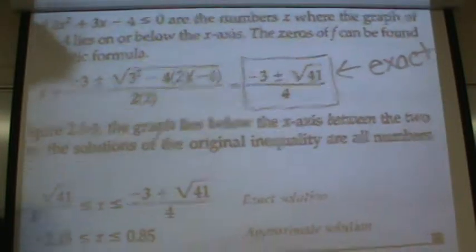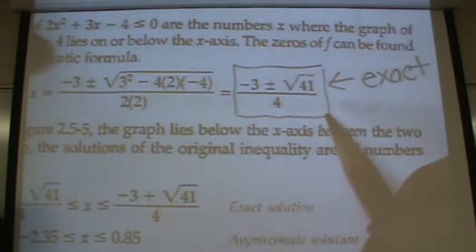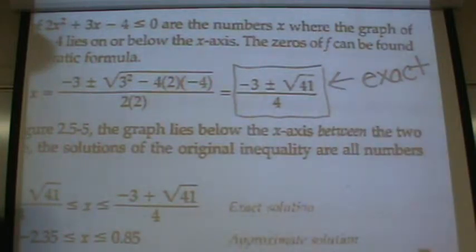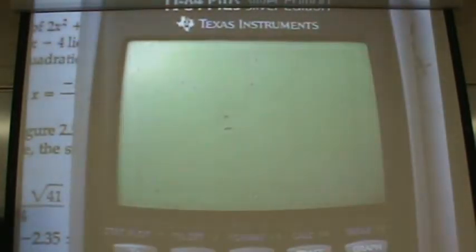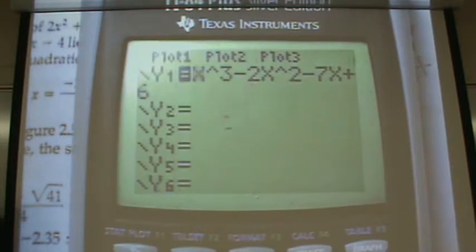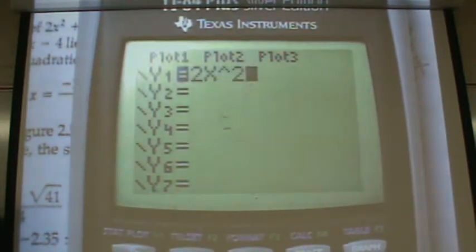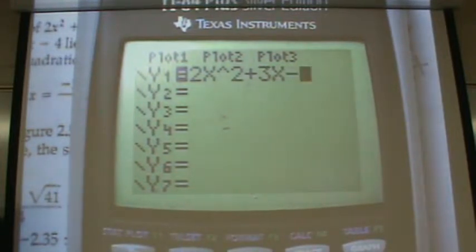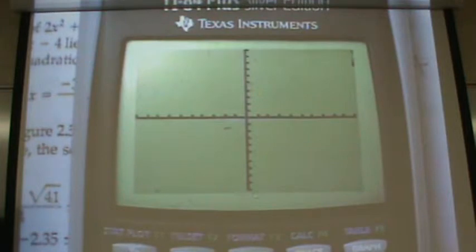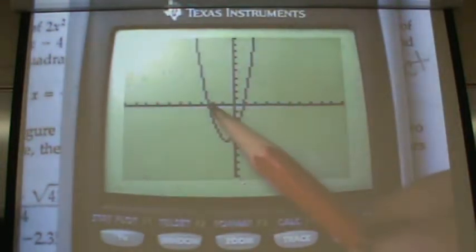We could use a calculator and find the estimated answers. So if you have this calculator, the one I'm showing you up here, if I type this really quick, and if you have the Inspire, you know how to plug the formula in, go ahead. I'm going to graph it. Okay, so guess what that number is right there?